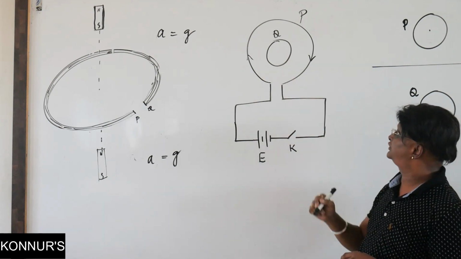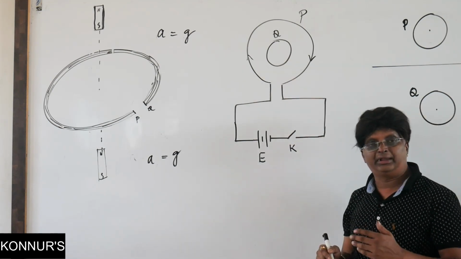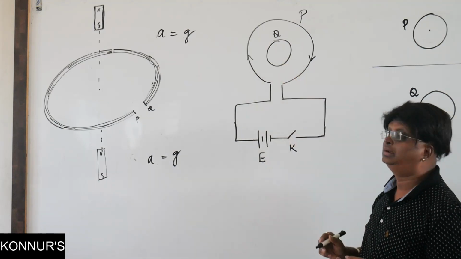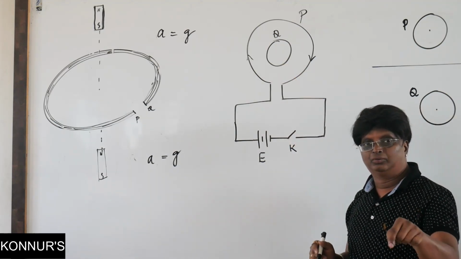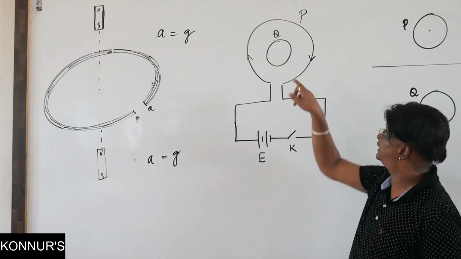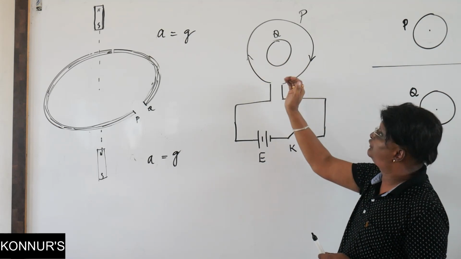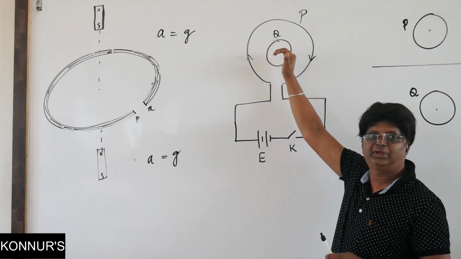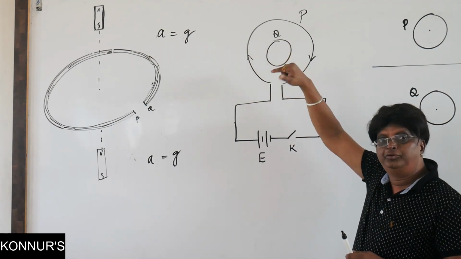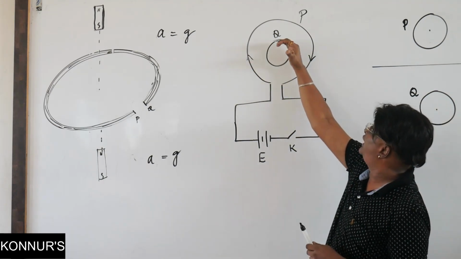Therefore this change of flux will cause an EMF and hence a current. This is a closed loop, and that has to now give a flux which is outwards, because earlier there was no flux and then an increase of flux in the inward direction. Therefore now it should be outward direction, flux caused by the induced current in Q. Look at my hand.